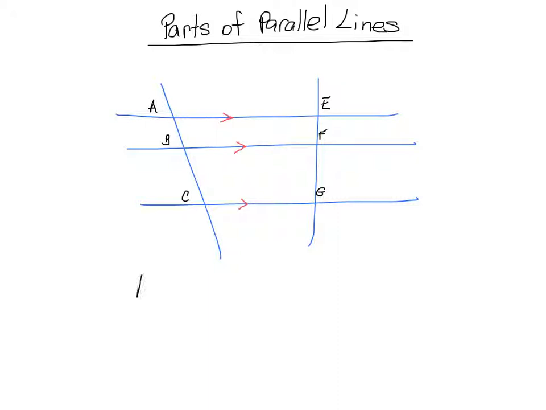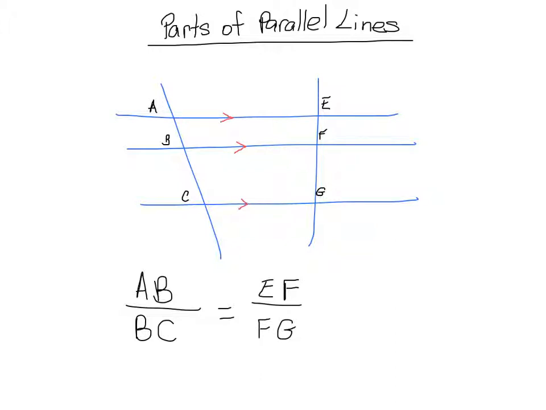Alright, so we have AB, which is right here, over BC, which is right here. So one part of that transversal over the other part of that transversal is going to be actually equal to that part, which is corresponding, EF, over, and I'm guessing you can probably guess what comes next, over FG.